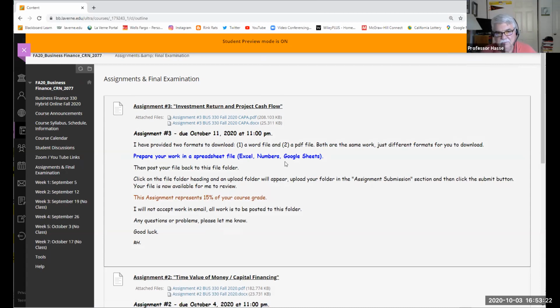Spreadsheet file for assignment 3, which means part of assignment 3 is multiple choice. You'll just put those multiple choice answers in the spreadsheet file. And then I'm going to ask you to do some calculations and some analysis for assignment 3. So that's your work for next week. But again, we can go over any questions you have on this, either in our office hours during the course of the week or in next Saturday's class.